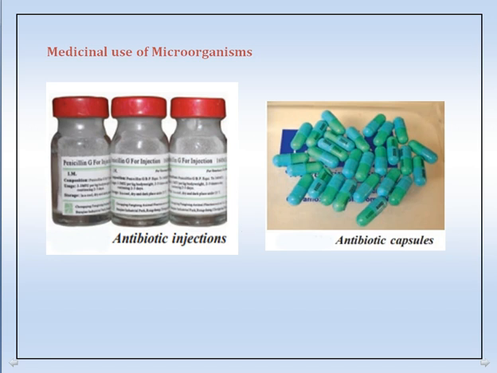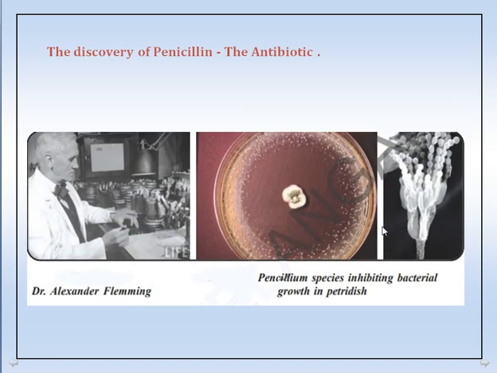The discovery of penicillin, the antibiotic. Who discovered penicillin? Penicillin was discovered by Dr. Alexander Fleming. Dr. Alexander Fleming was an army doctor during the First World War. He observed that many injured soldiers died because of bacterial infection of wounds.